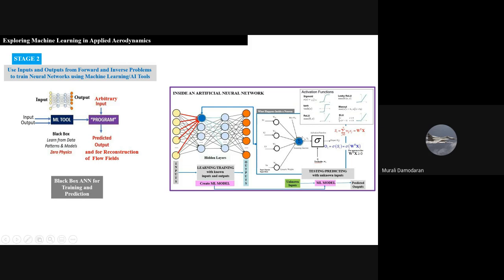Whatever you sum here, you put in an activation function. There are plenty of activation functions in the literature, and some of the most useful ones are shown here: sigmoid, hyperbolic tan, ReLU, leaky, and so on. So you take this sum and put it inside this function, sigma, right? The output will be just the function acting on the summed weights, which is W transpose, the weight, times the input.